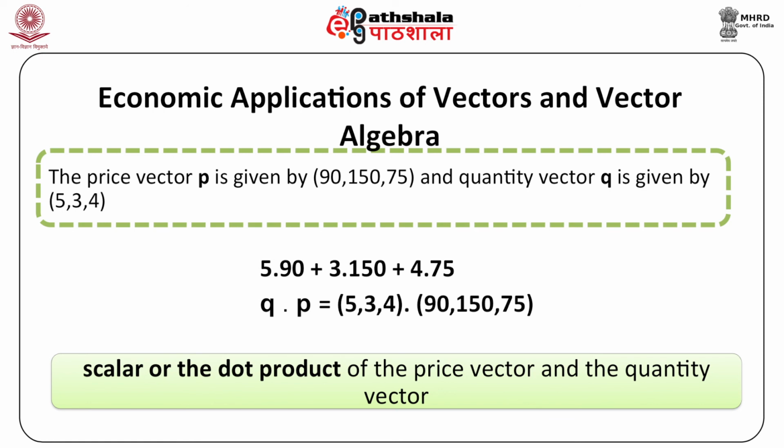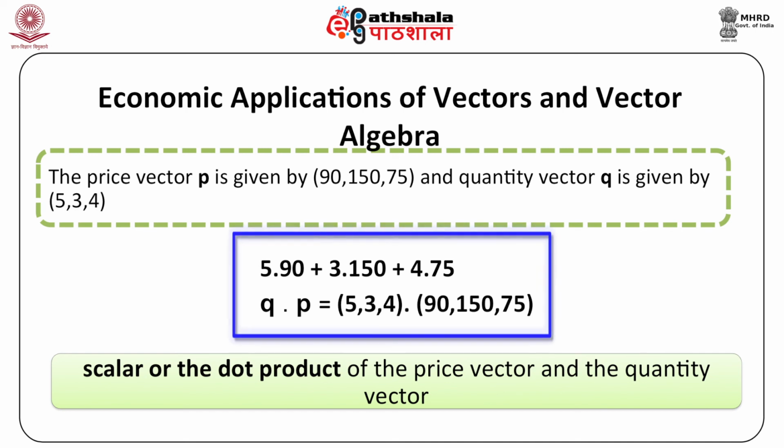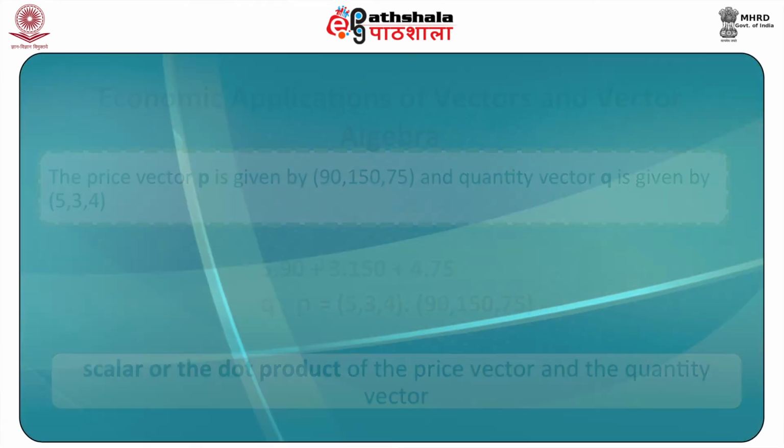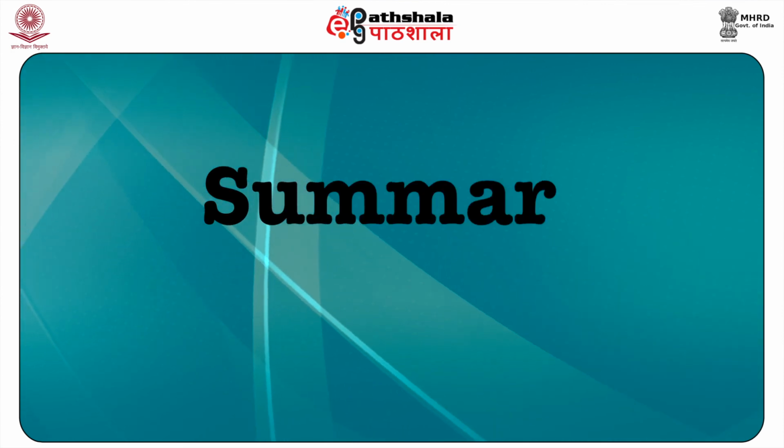Now the money in cash made by him at the end of the day is given by 5 × 90 + 3 × 150 + 4 × 75, which is equal to (5, 3, 4)·(90, 150, 75), which is equal to Q·P, the scalar or dot product of the price vector and the quantity vector.